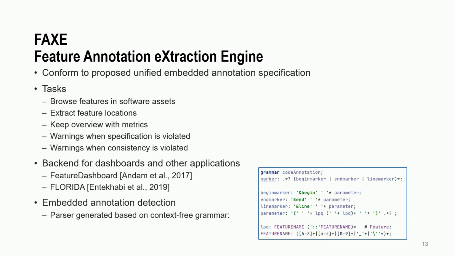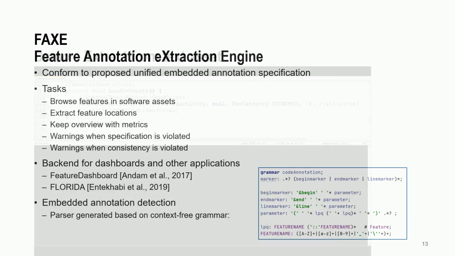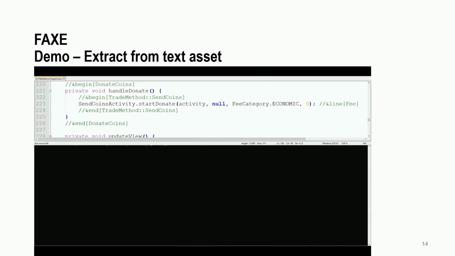The tool is based on a parser using a context-free grammar, which we use because of higher robustness compared to regular expressions. And with this context-free grammar, it is easier to cover recursively appearing keywords. We would like to give you a small summary of how the tool works.